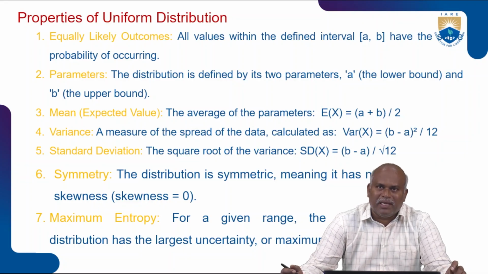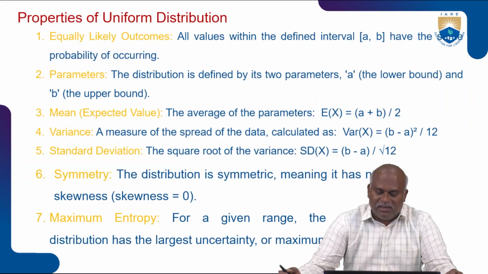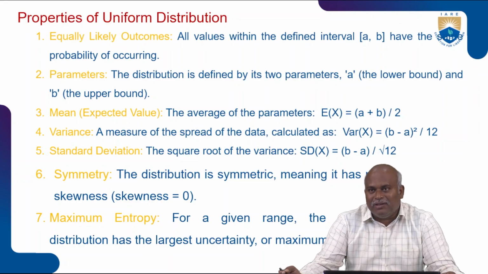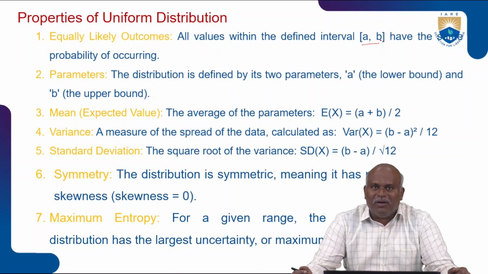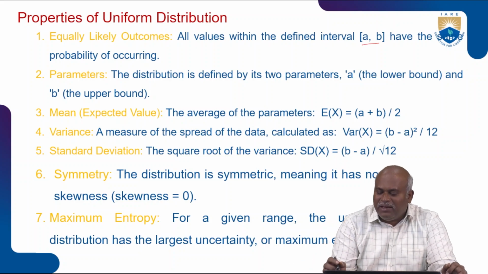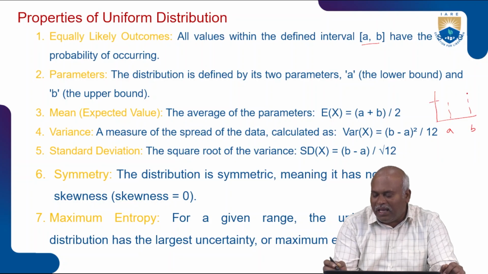The first property: all values within the defined interval of the uniform distribution, A and B, have the same probability of occurrence. So see the graph of the uniform distribution. The interval has a minimum as well as a maximum, B. The amplitude is equal to 1 by (b minus a).